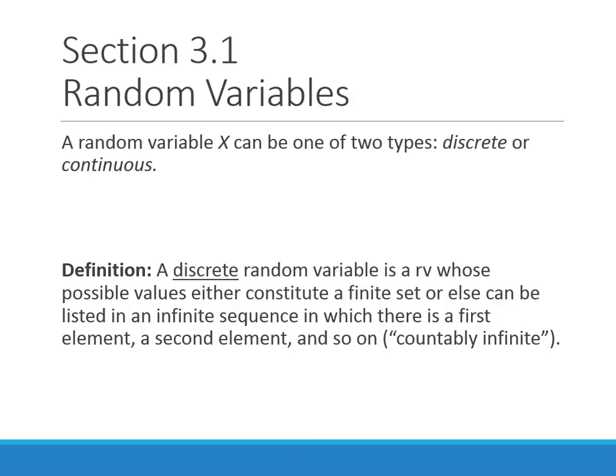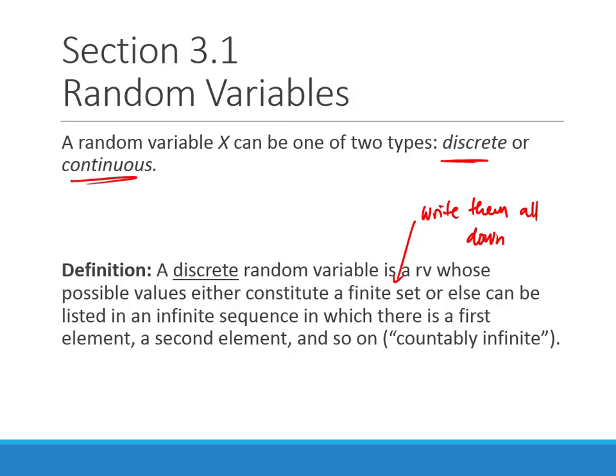Here I'm at the top of page 2 of your Chapter 3 notes. We have two types, discrete or continuous. A discrete random variable is a random variable whose possible values either constitute a finite set or can be listed in an infinite sequence in which you can order them. So it's a finite set, you can actually write them down, or it could be some infinite list, but it's going to have some ordering.